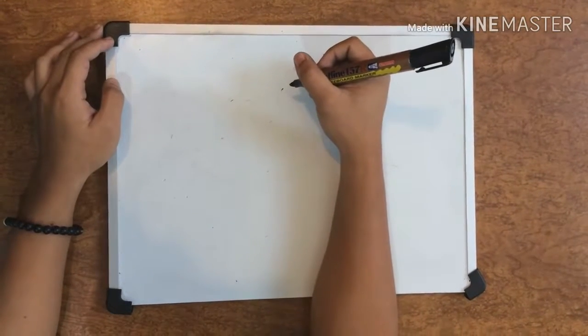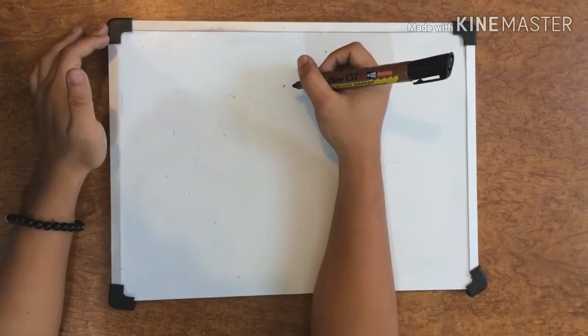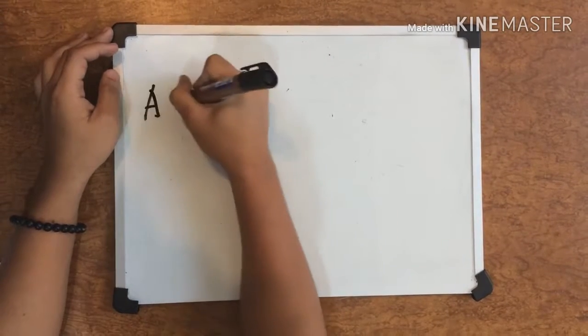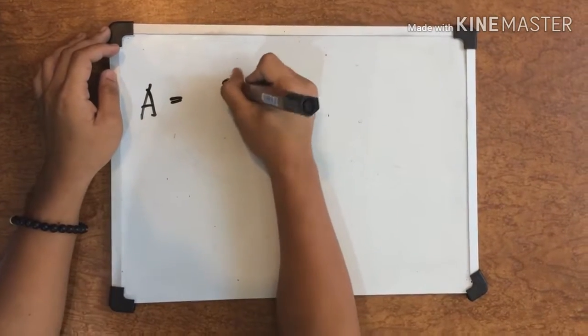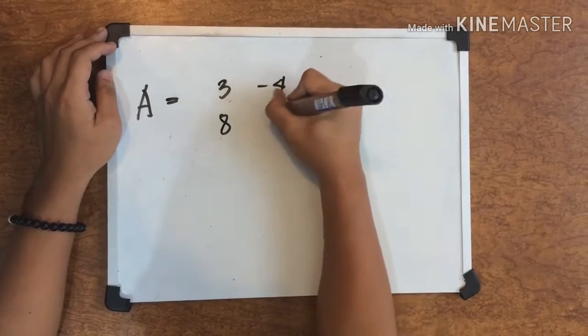So let us now go ahead and have an example for adding two matrices. For example, we have A, which is equal to 3, 8, -4, and 5.